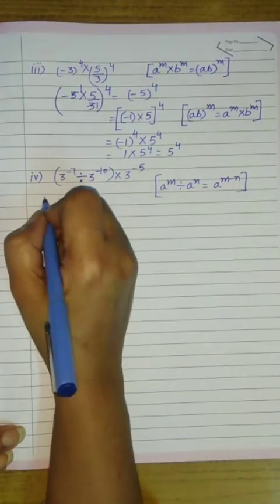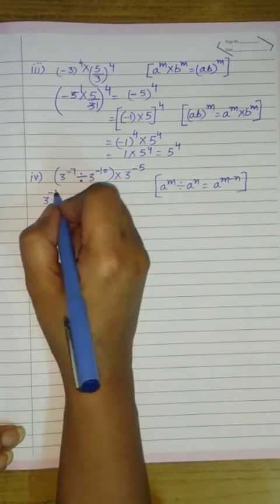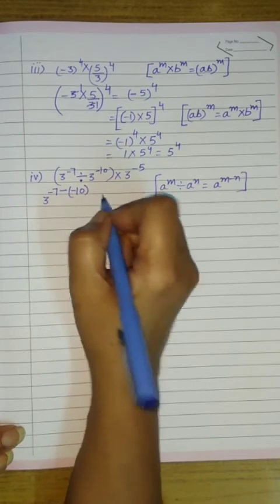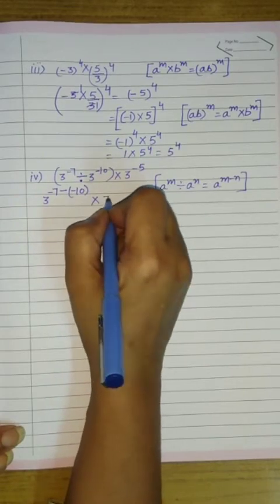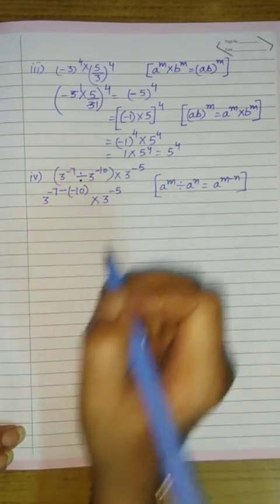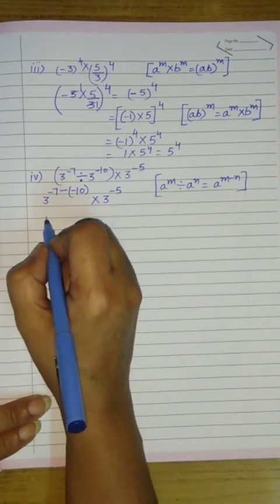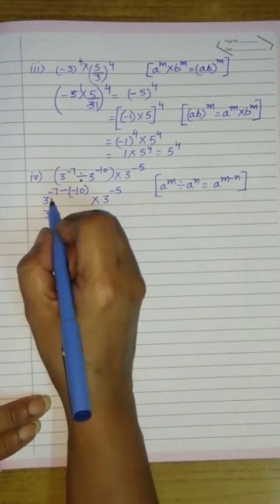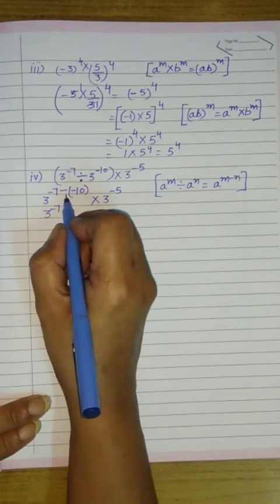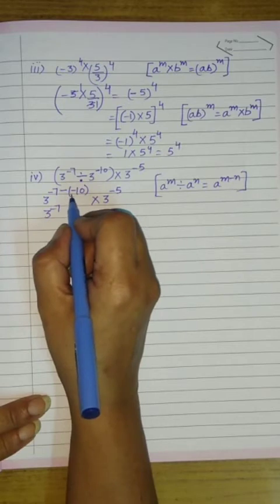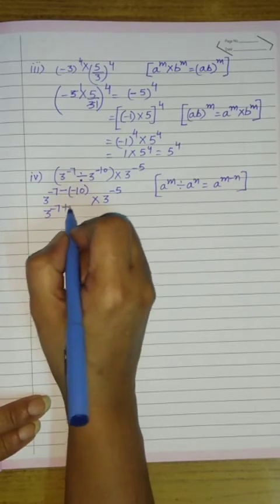So it will become 3 raised to power (-7 - (-10)), and the term outside the bracket will be written as it is. Now we have a minus sign, so minus 10 will become plus 10.